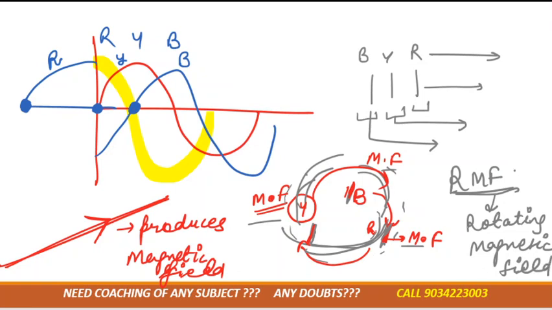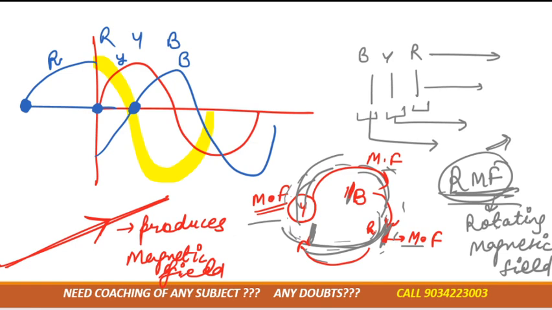Now you understood what RMF is, because you will generally read in the book that there is a concept of RMF, but they won't explain what RMF is. RMF is the rotating magnetic field, meaning the current is rotating across the wires, so the magnetic field produced by the current is also rotating.